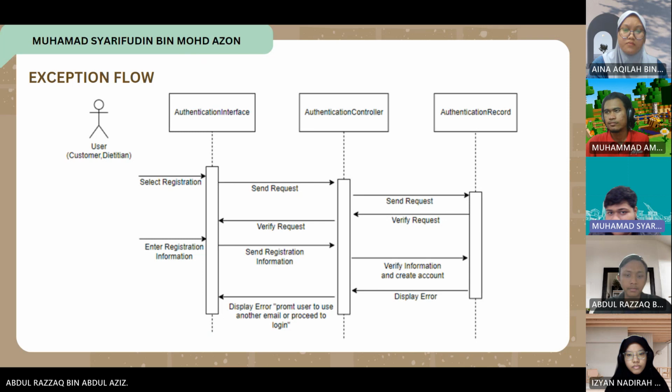Once the system verifies the information and creates the account, it cannot be done because the system already has the information for that email address. Then the system will display an error and prompt the user to use another email or proceed to the login site.